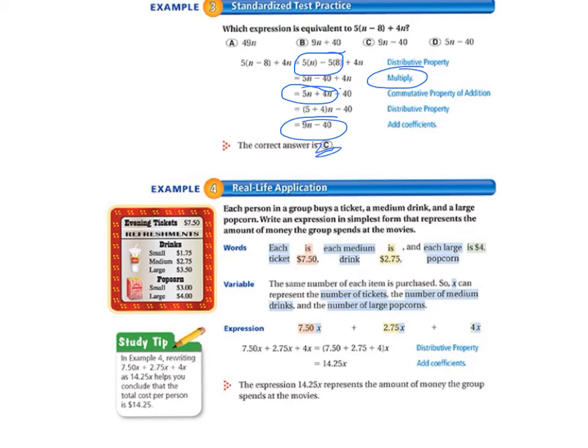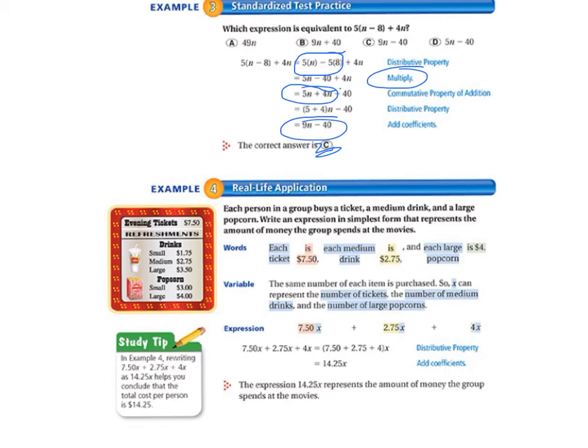Let's take a look at the real-life application. Each person in a group buys a ticket, a medium drink, and a large popcorn. Write the expression in simplest form that represents the amount of money the group spends at the movies. So it says the same number of each item is purchased.